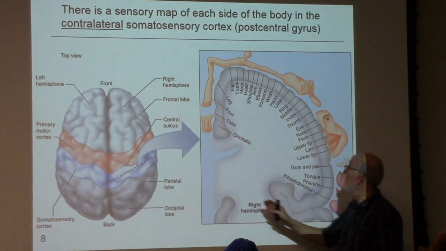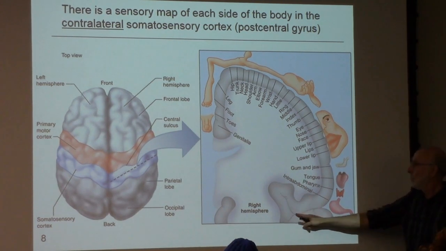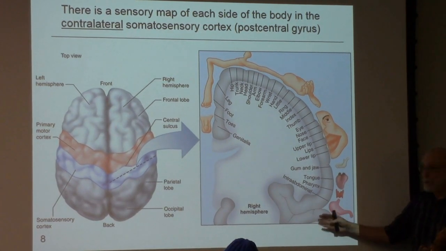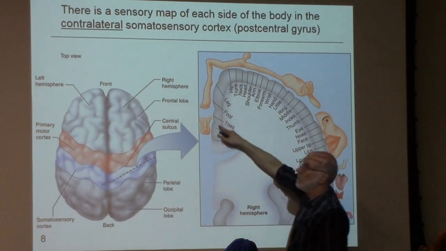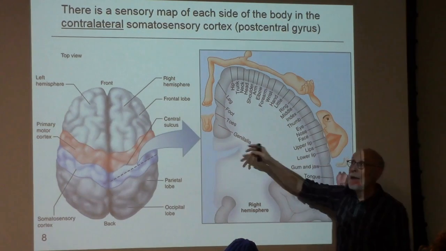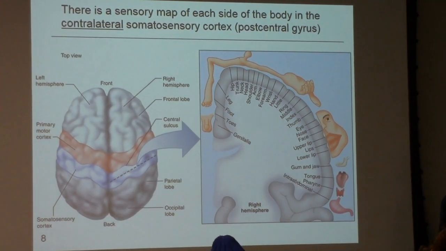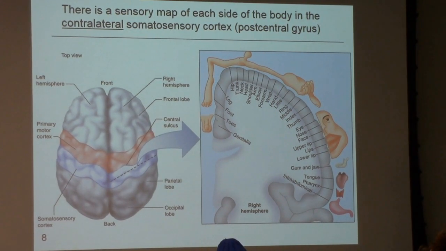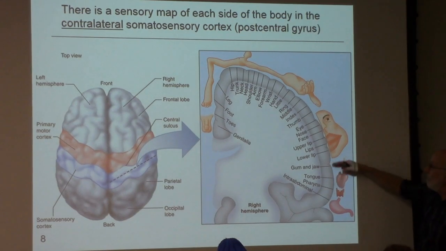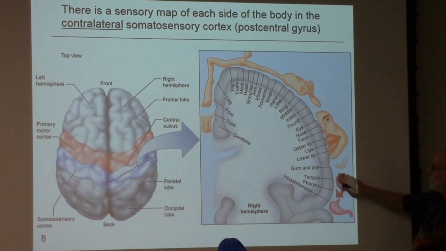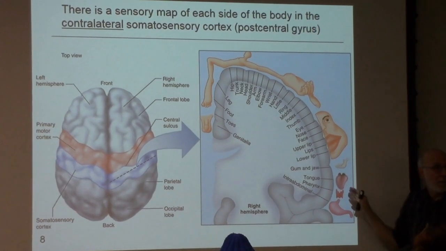So lateral, medial, longitudinal fissure, parietal lobe, lateral fissure, temporal lobe, post-central gyrus in this cartoon version, and a map of the body on the post-central gyrus. So the face and the jaw and the mouth are mapped laterally.